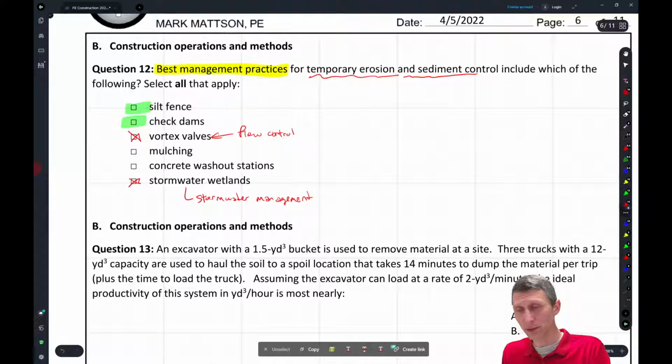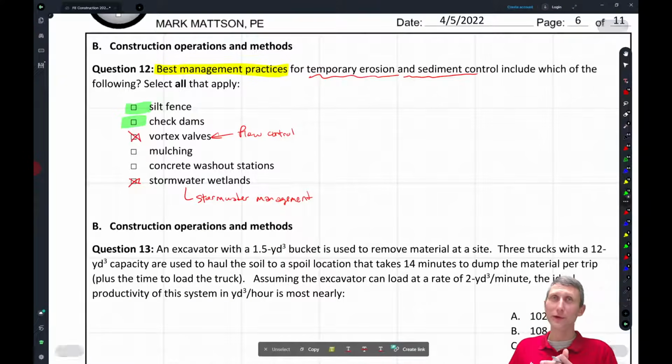And then we're going to come here to mulching, and somebody's going to say, well, isn't mulching what you do in your mom's flower bed? Yes, it is, but it's also when you take 2 tons of straw per acre and spread it out, and it reduces erosion by like 90%. If you're doing nothing else and you just throw straw down, you eliminate surface erosion a ton, right?